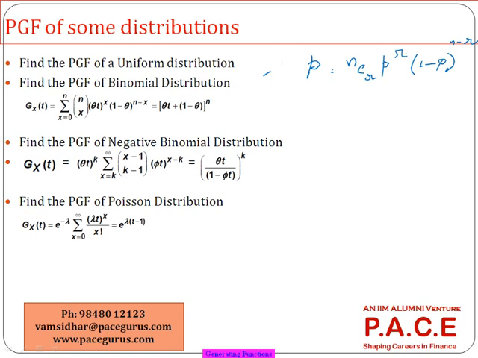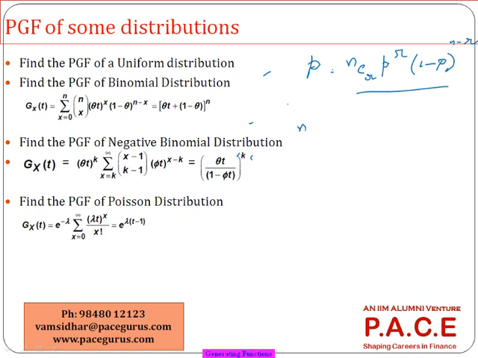Now all I am doing, if I have to find the probability generating function, is taking this probability and multiplying it with t power x.